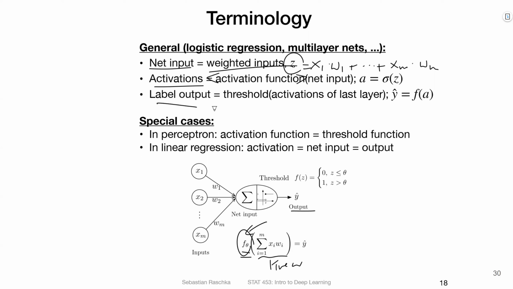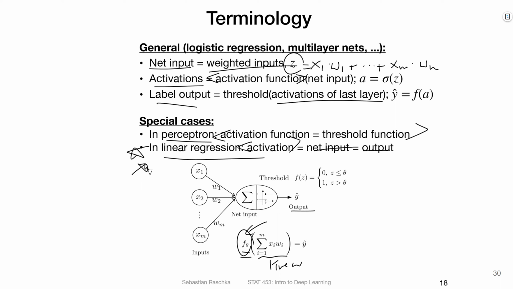And the label output is the output after the activation function. In some special cases, in our perceptron, we used a threshold function as our activation function. We're going to discuss linear regression later in this course. In that case, activation could mean net input and output. So don't worry about this. We are going to discuss this in more detail in later classes.